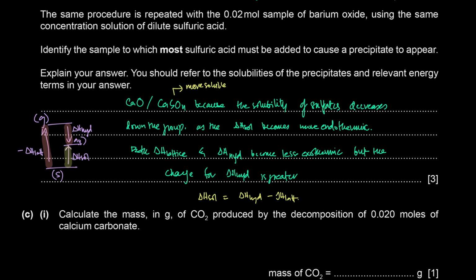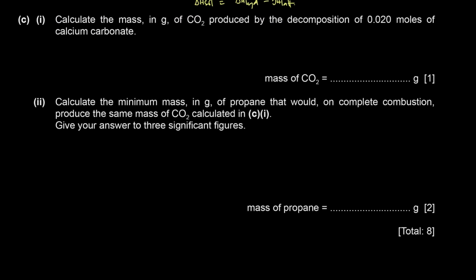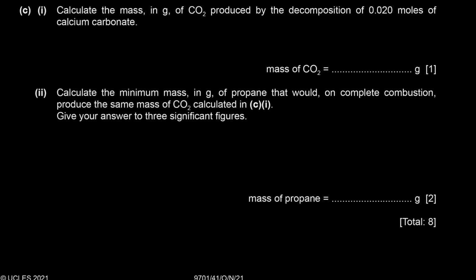All right. Calculate the mass in grams of carbon dioxide produced by the decomposition of 0.02 moles of calcium carbonate. Here we have calcium carbonate decomposing to form calcium oxide and carbon dioxide, and we have 0.02 moles of this.